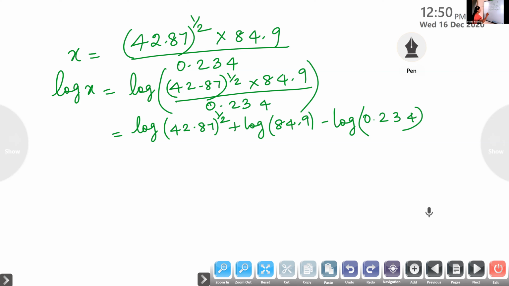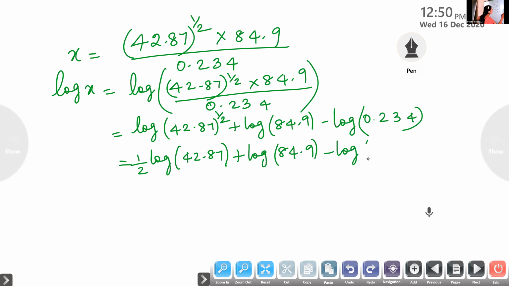Now we can put half in the front: half log 42.87 plus log 84.9 minus log 0.234.